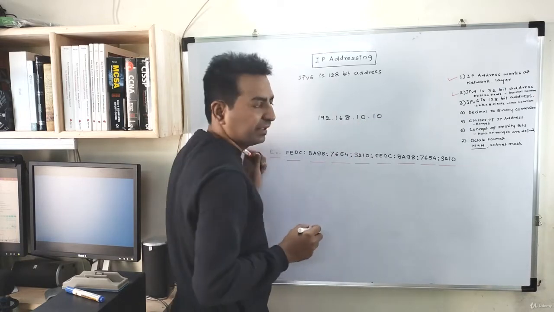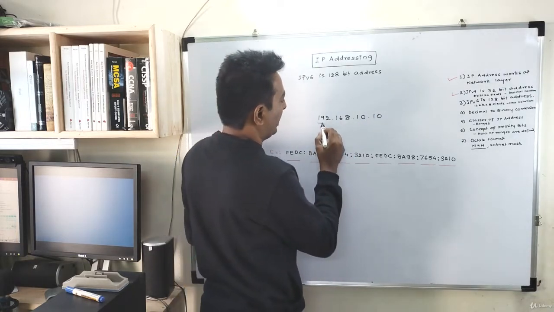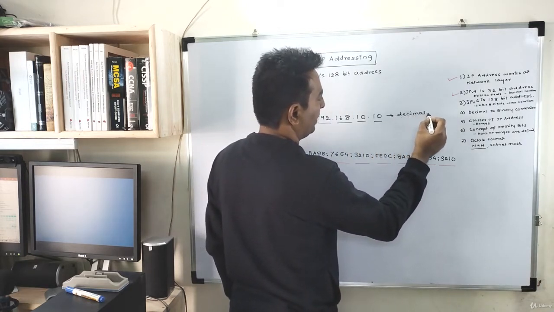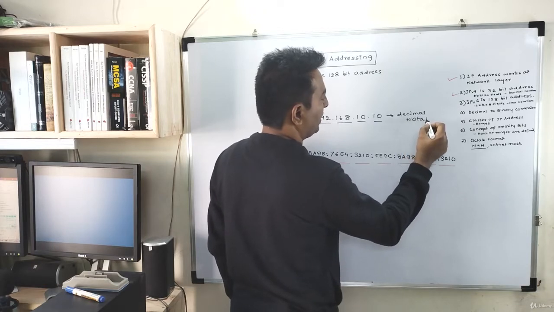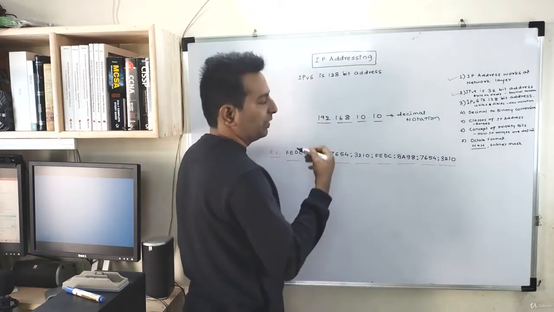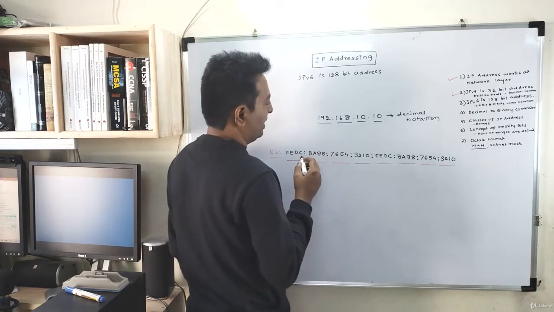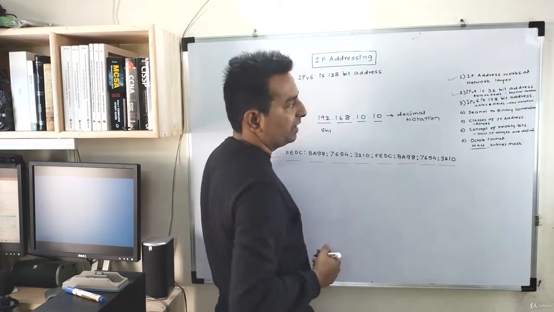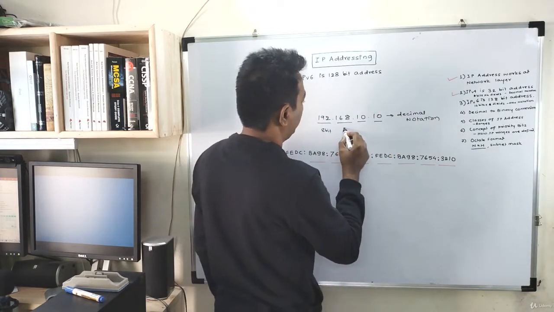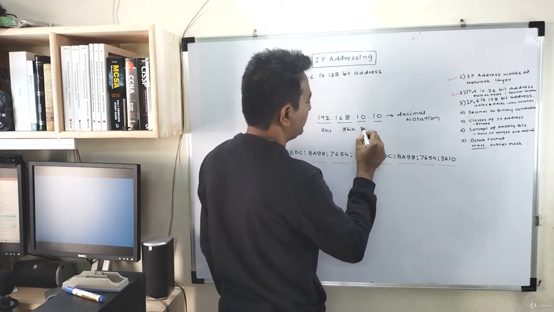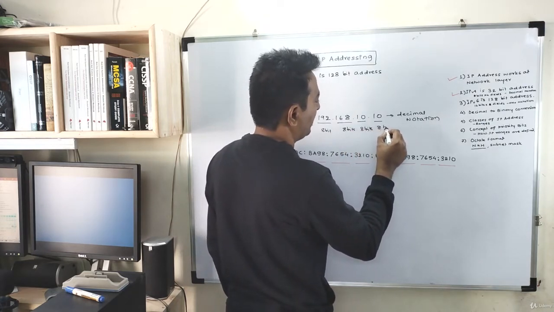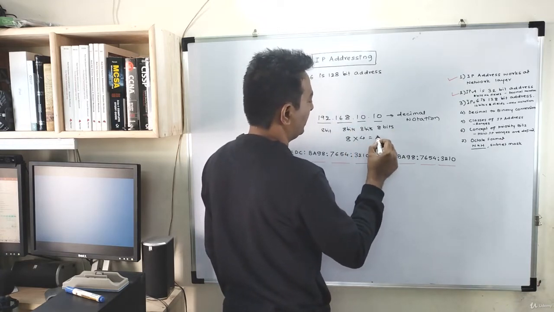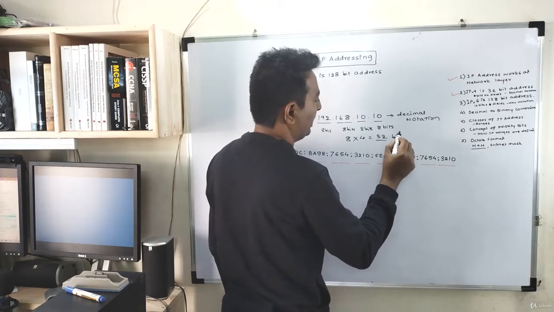There are 4 fields and this is a decimal notation in which the IP address is represented. If you convert this to binary, each field is 8 bits, this one is 8 bits, 8 bits, and this is also 8 bits. So 8 bits into 4 fields came out to be 32 bits, right?